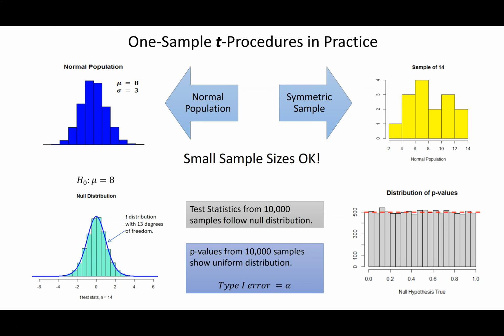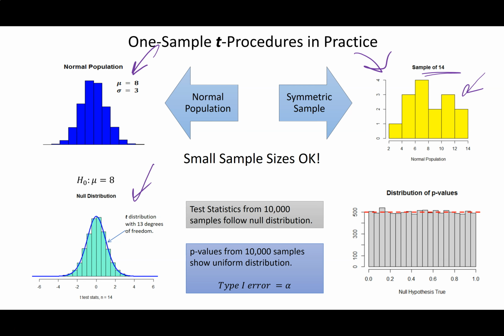So here is an example of one sample T procedures in practice. I have a normal population. So when I take a sample of 14, it's not a huge sample size. It's fairly small, but it's fairly symmetric. I know that it looks a little bumpy here, but it's largely the size of the bins there.